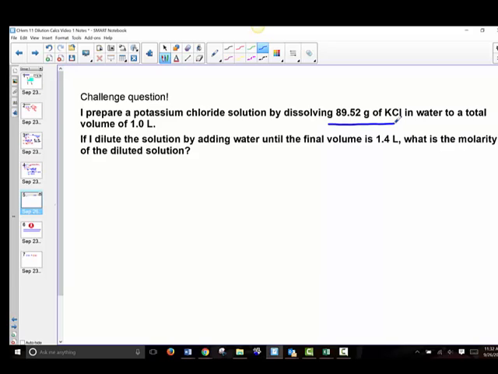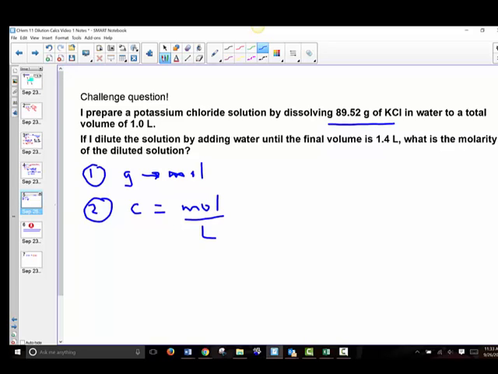And if we break it down for a little plan for ourselves, the first step is that we're going to go from grams of KCl to moles of KCl. Okay, and then once I'm in moles, I can calculate the concentration because I know that that's equal to moles over the volume in liters.